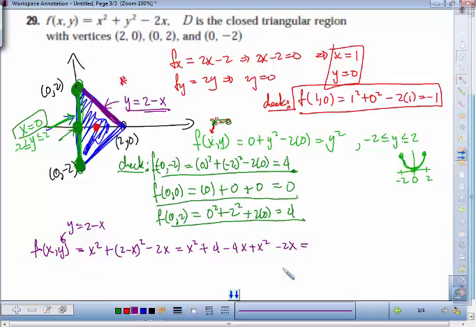Did I do that right? So it looks like I'm going to get 2x squared minus 6x plus 4. Right?